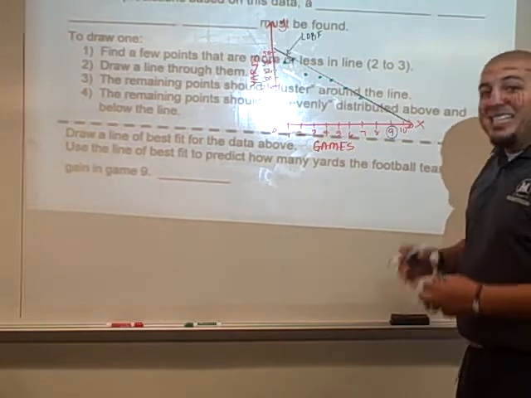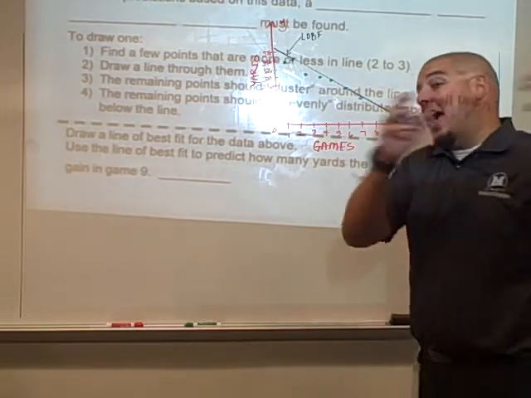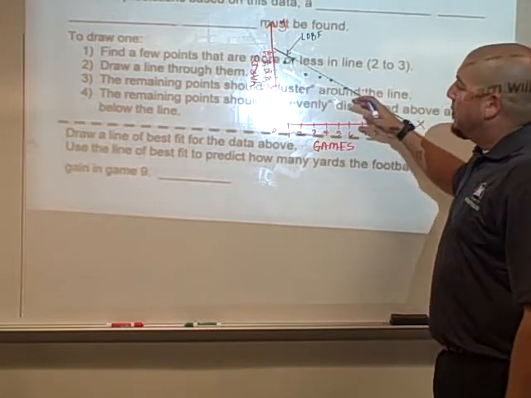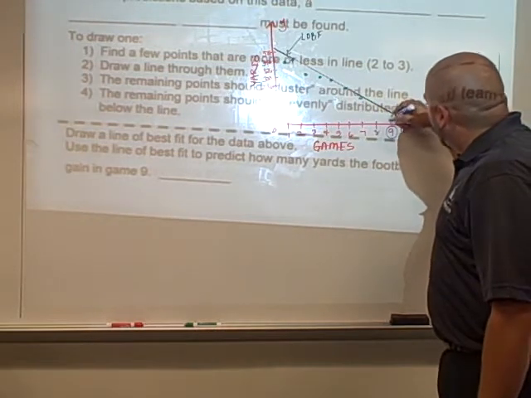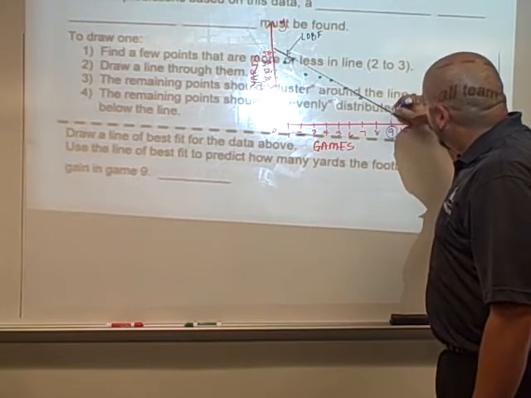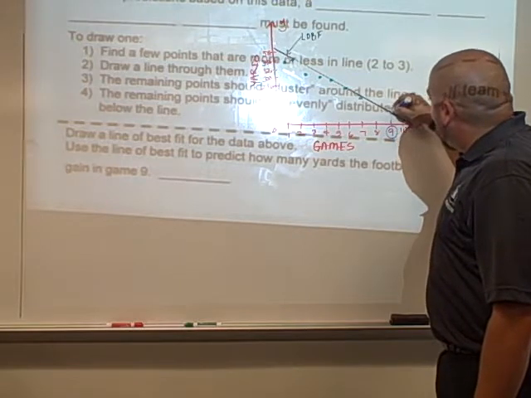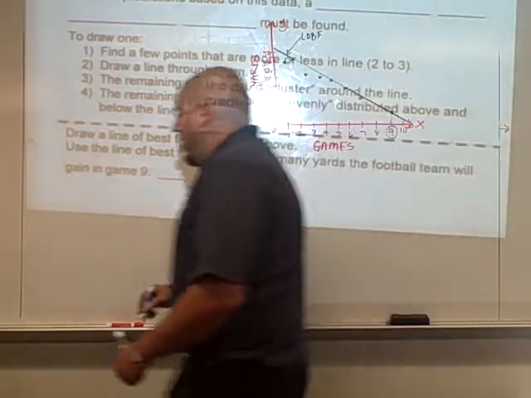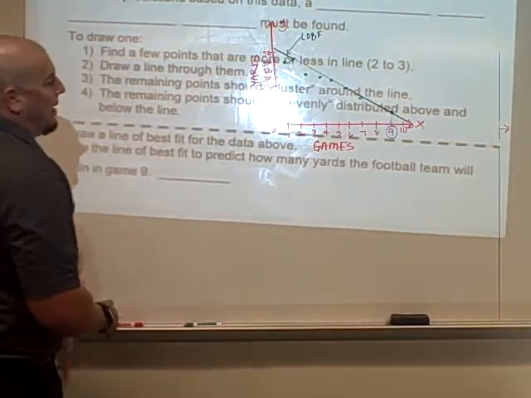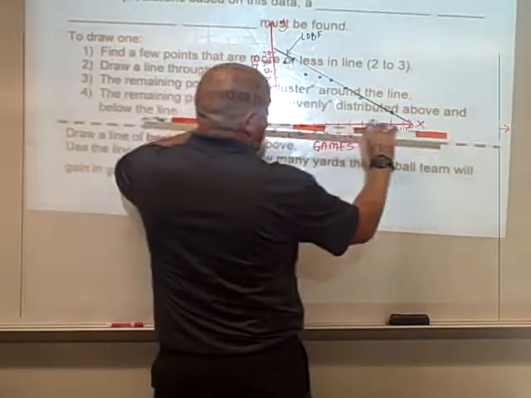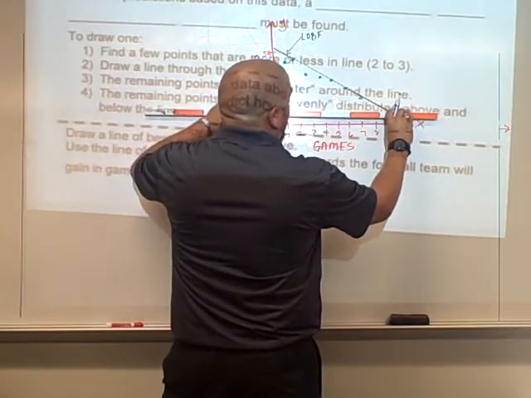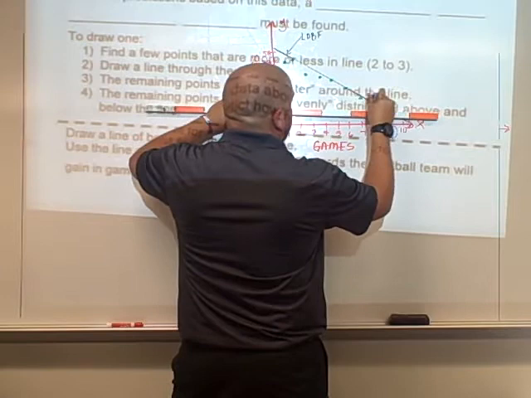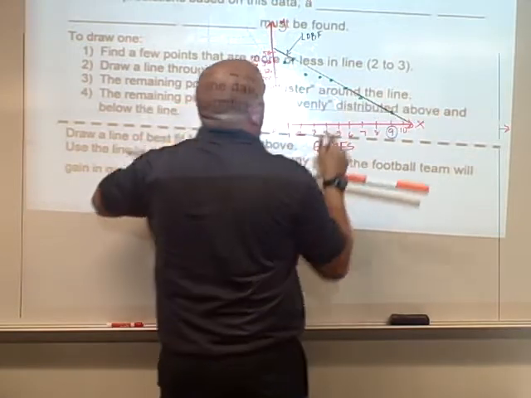In order to predict something that hasn't happened, we look at that best fit line or that trend line that we created and go from game 9 and work our way up. Okay, it's going to be about right there on the line, okay? Now, if I want to know exactly what I think the yardage is going to be, I'm going to go from that dot that I just created across to my y-axis.